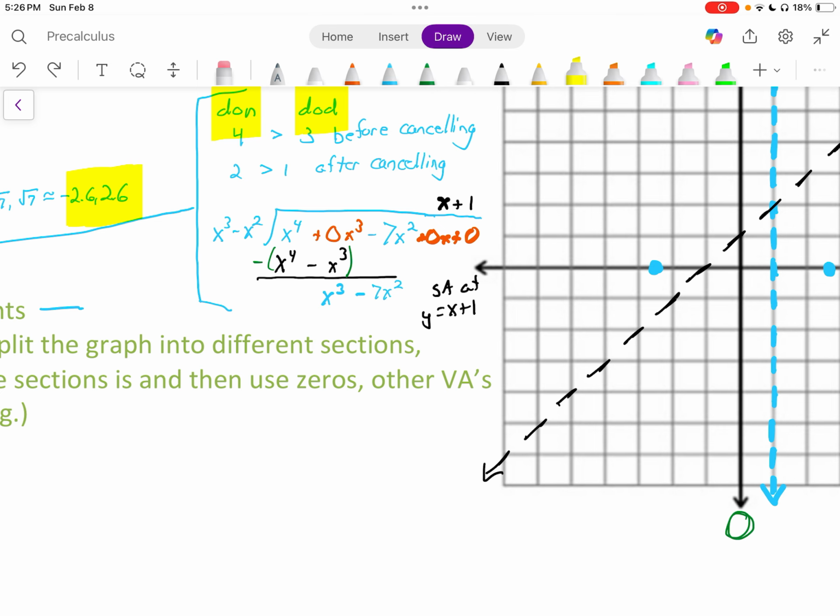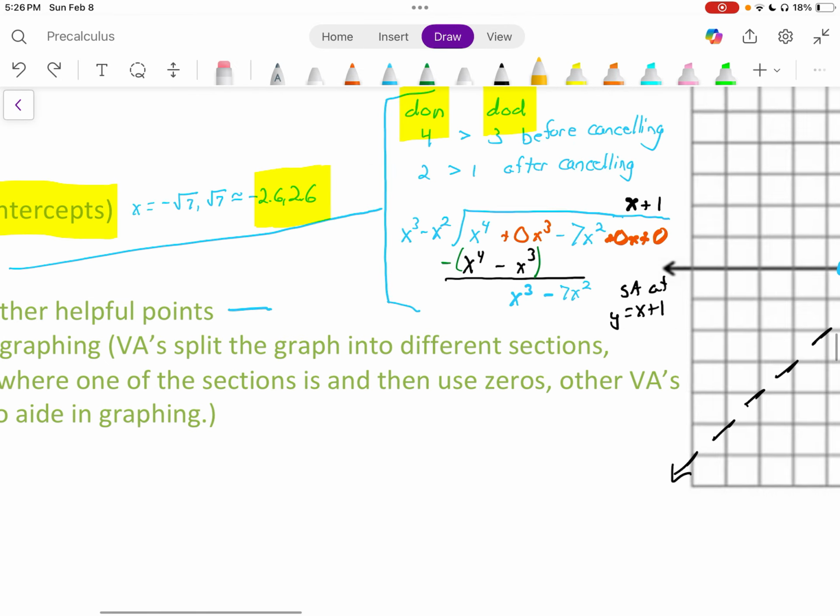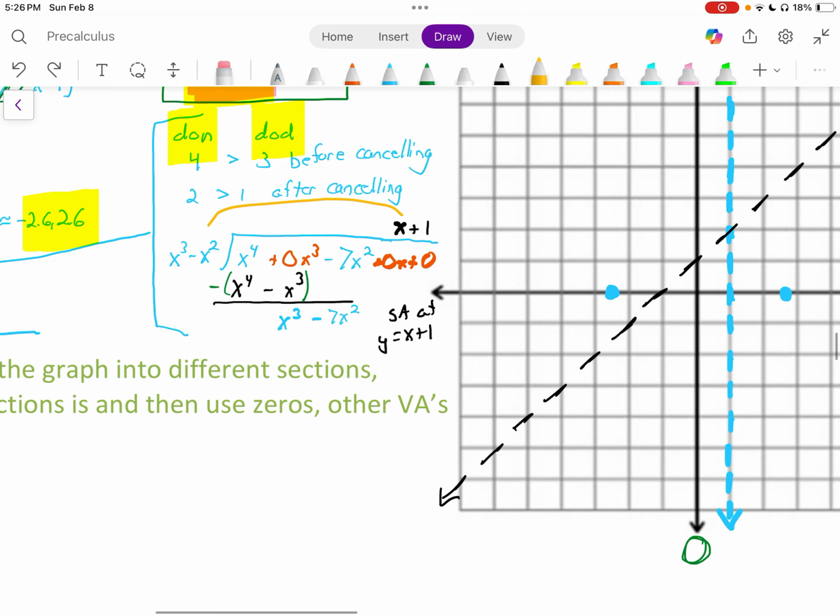And we think x cubed times what gives me x to the 4th? Well, that's x. Then we multiply. x times this gives me x to the 4th minus x cubed. We then subtract, so x to the 4th minus x to the 4th is 0 x to the 4th, so we don't need to put that there. 0 x cubed minus negative x cubed is a positive x cubed.